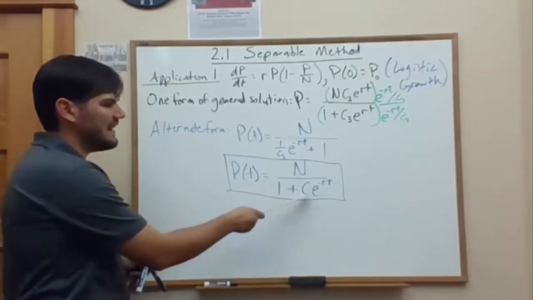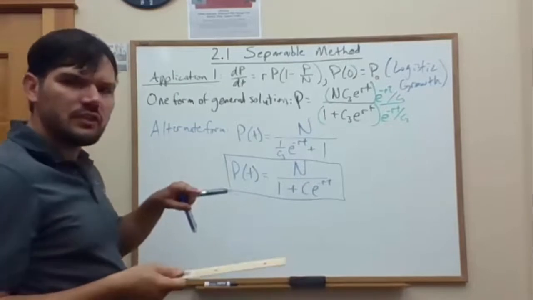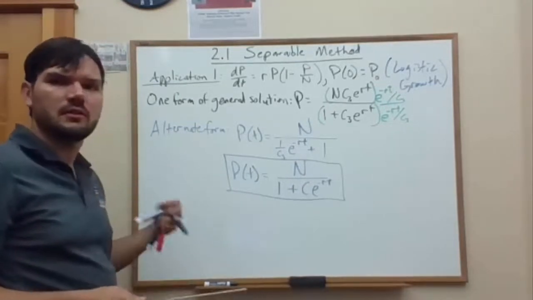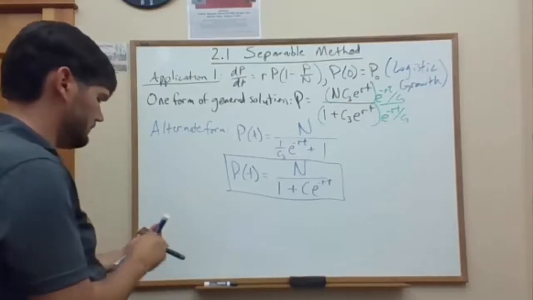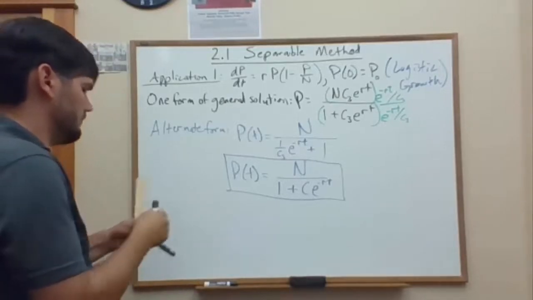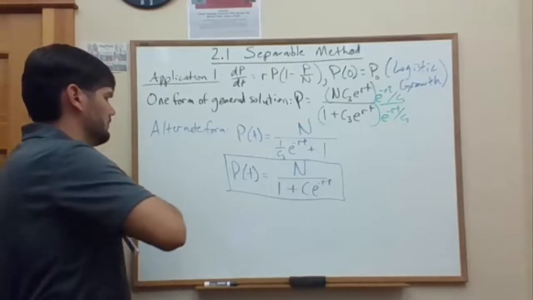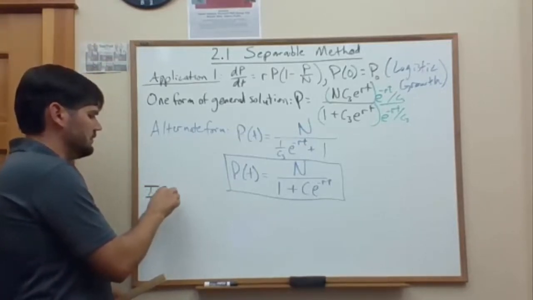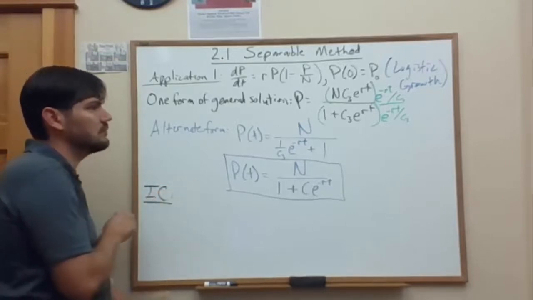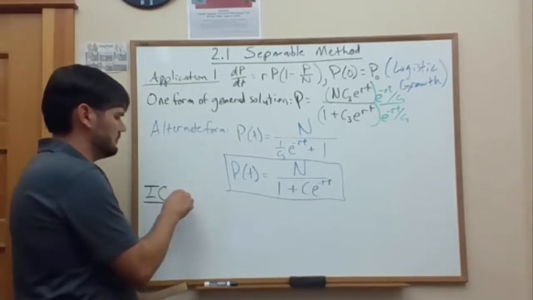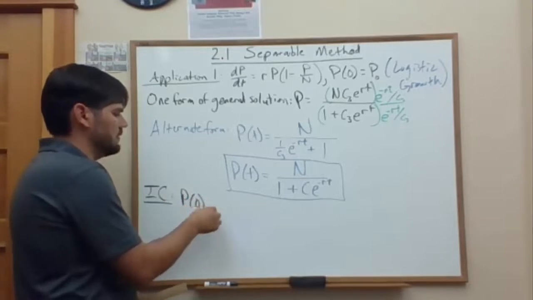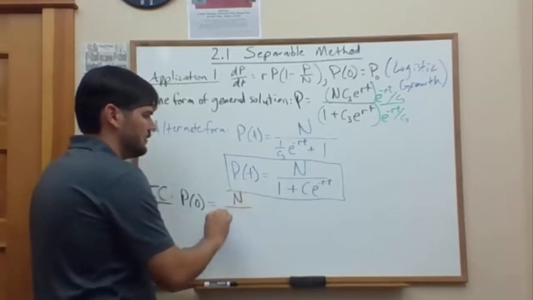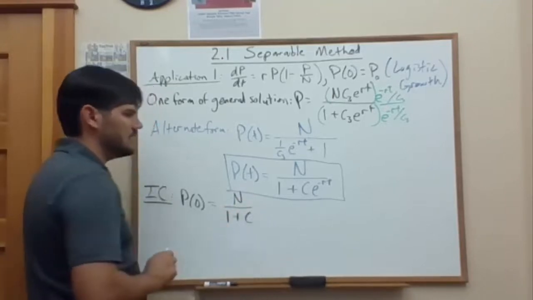So let's find out what that c is in relation to the initial condition, P of 0 equals P sub 0, or P naught. So, initial condition P of 0 equals, we plug in 0 for t, N over 1 plus c.